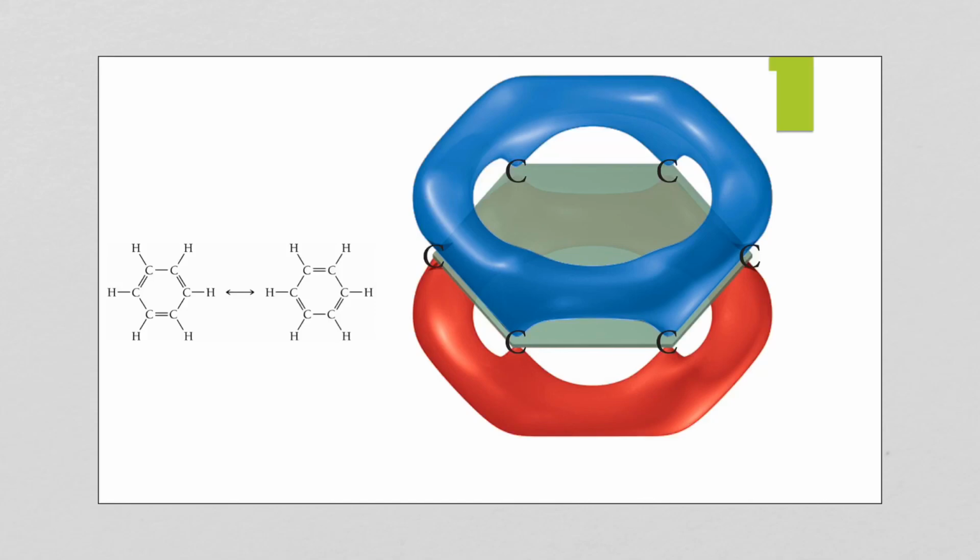Now, in reality, this is what we can show via Lewis or valence bond. But of course, it makes more sense based on what we've already learned that all of these bonds are identical. There's no experimental evidence that shows that those bonds are any different from one another. So we don't really have 3 double bonds and 3 single bonds. We have 6 bonds that are all the same.